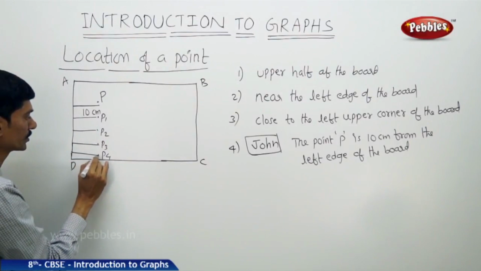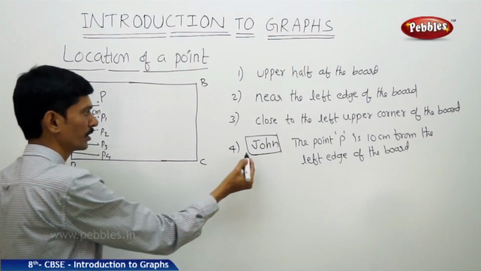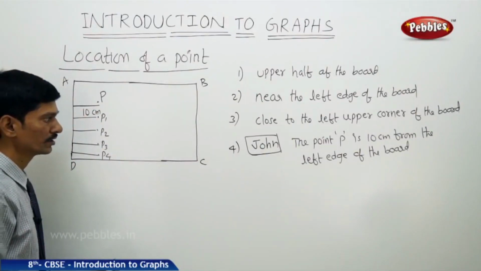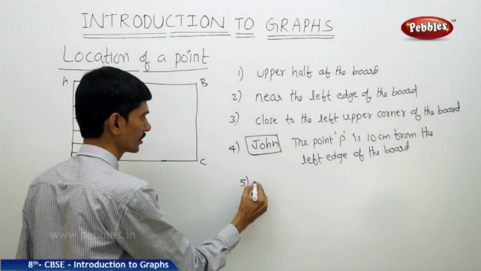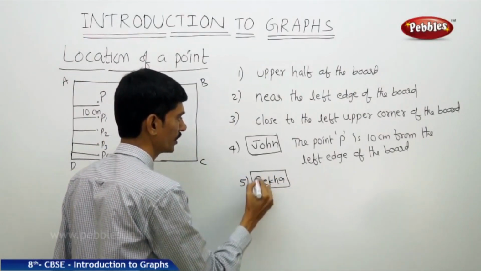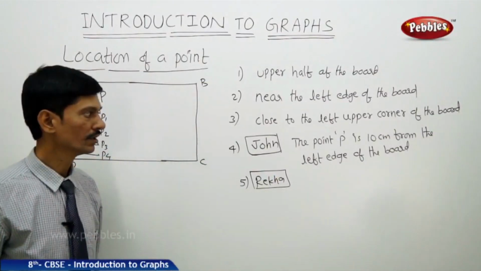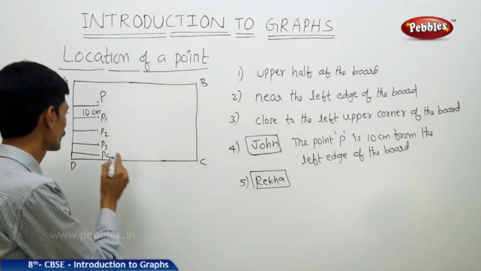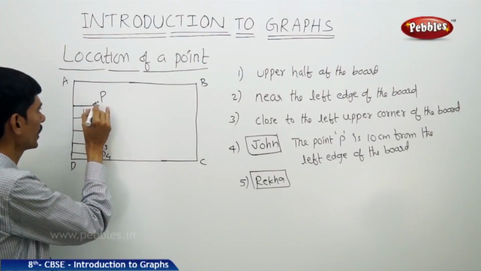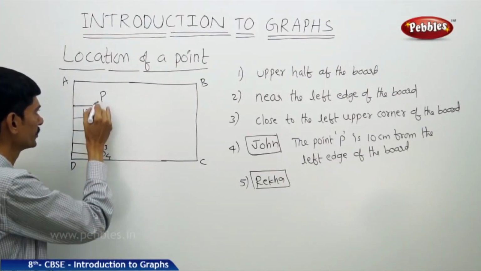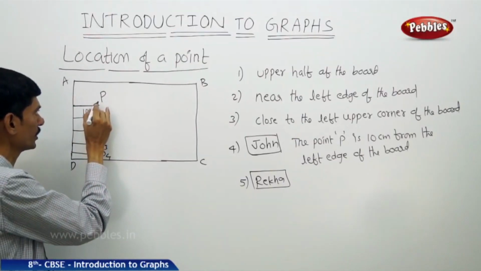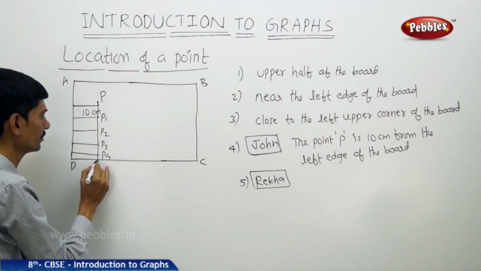So we can conclude that even the statement of John does not give the exact location of the point. Then immediately the other student, Rekha, modified John's statement in a different way. Now she measured the distance of the point from the left edge as well as from the bottom edge.